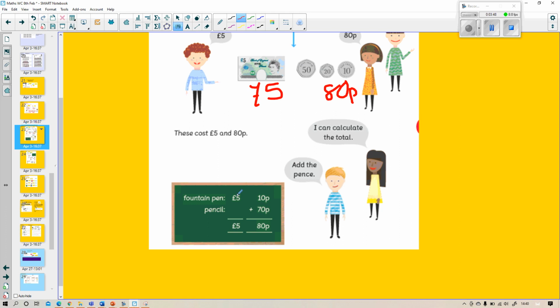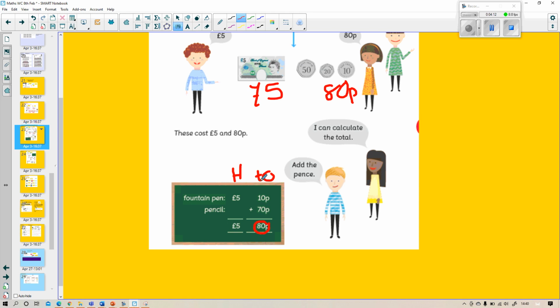And this shows you it written down in two columns. We're taking our pounds here, our £5 and our pence here. Now, another way to think of this is that our pounds are our hundreds column and our pence are our ones and tens. Now, if the tens get too high, they're 80 in this one, so it's fine.